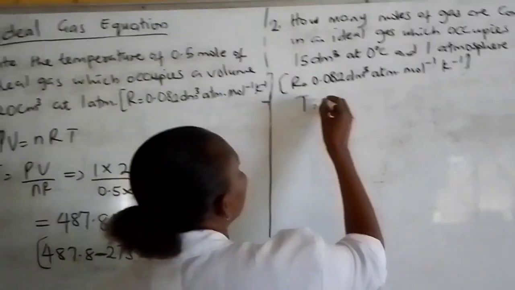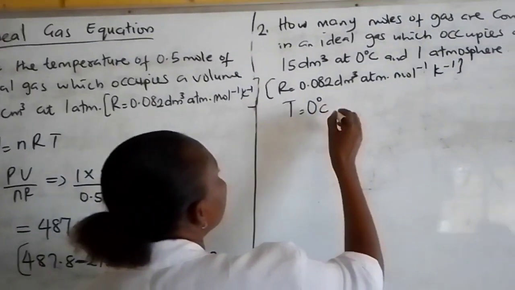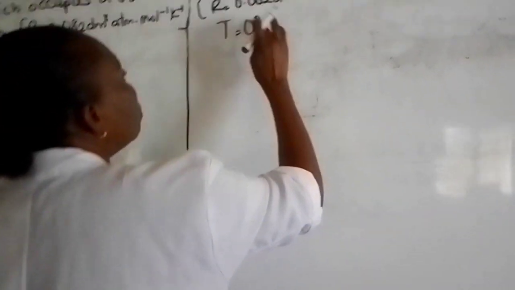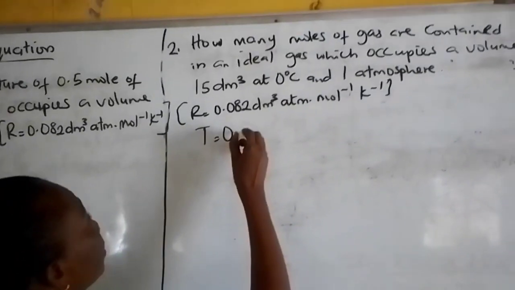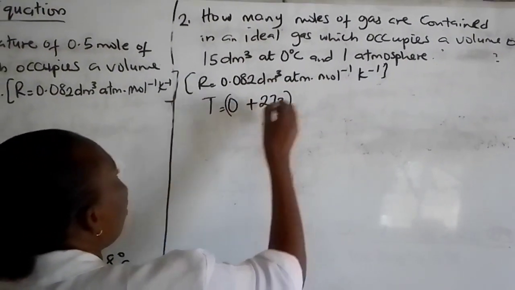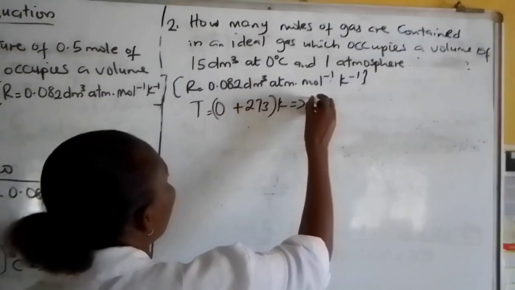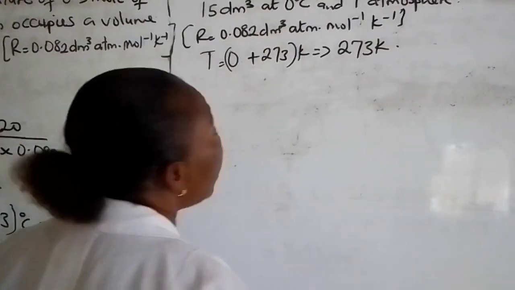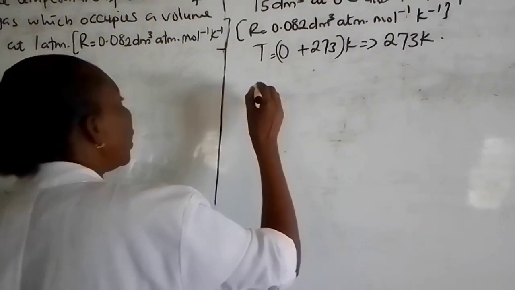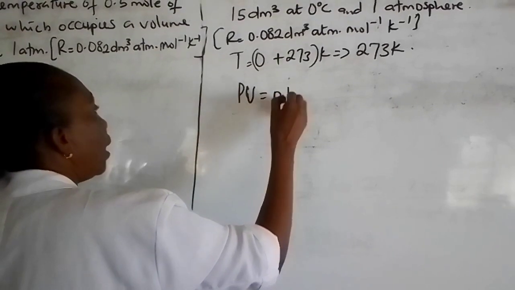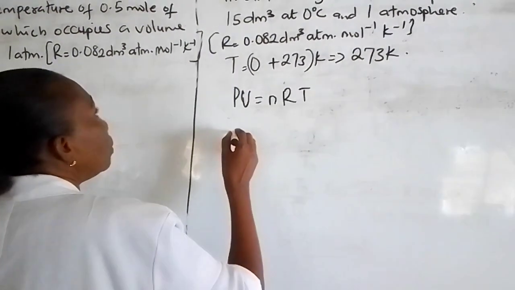Our T is 0 degrees centigrade, so we are converting it to Kelvin. So our T is 0 plus 273, all in Kelvin. And that will give us 273 Kelvin. So we state our equation, PV equals nRT.